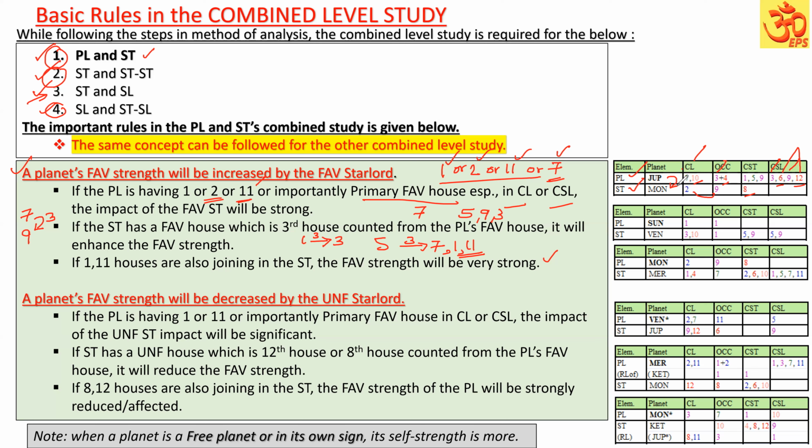Now the star lord, whether it is having favorable houses or unfavorable houses, is going to support the planet level or not. The first point we are talking about, the star lord is a favorable star lord. If you look at the star lord Moon, second lord occupying 9th house is a good grouping. Of course, it is having the 8th star lord.